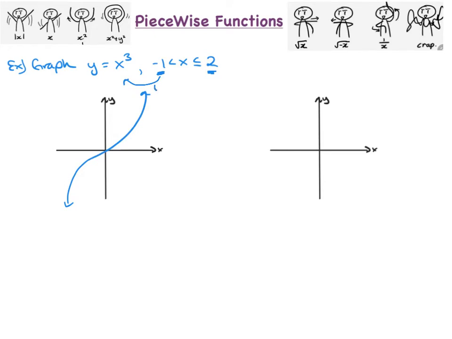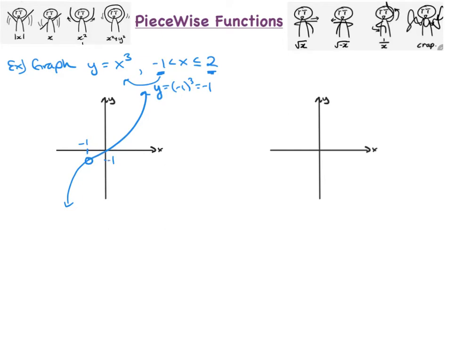So y equals negative 1 cubed would be negative 1. So here at x equals negative 1, y is negative 1. Since it's not equals to underneath, I have an open circle there.